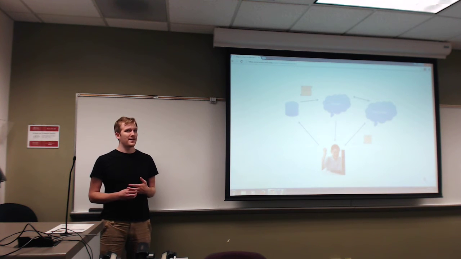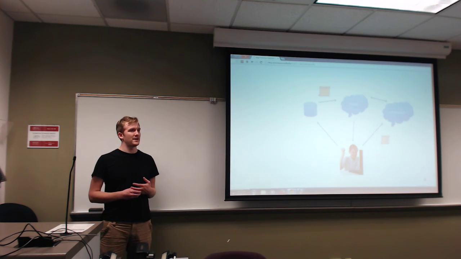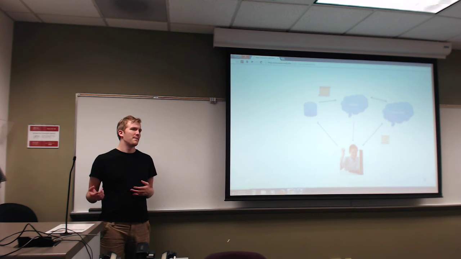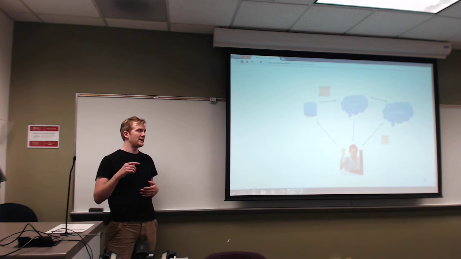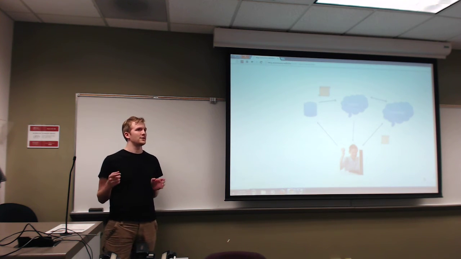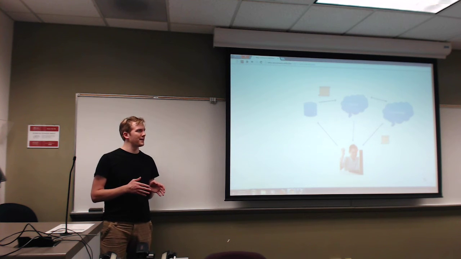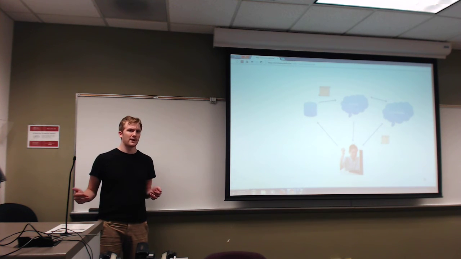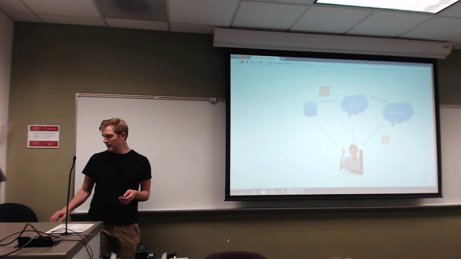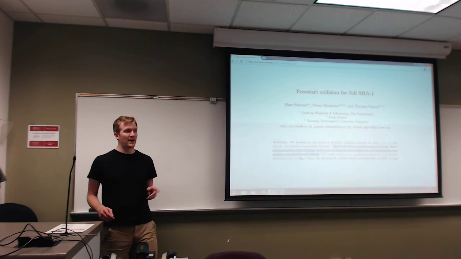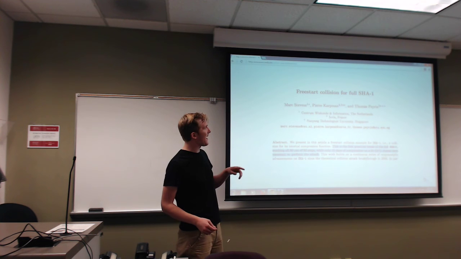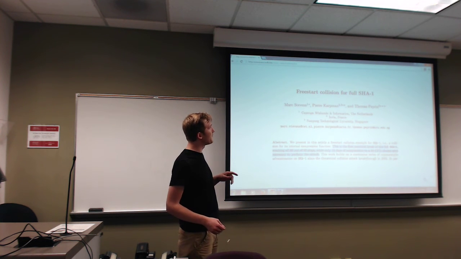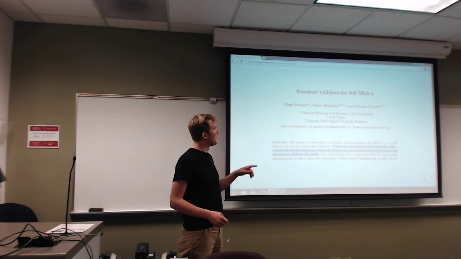You might remember that a few years ago somebody managed to get a SHA-1 collision, using a supercomputer over a couple of weekends. So there was an update to that paper by the same people, and they said, we have provided free-start collisions for SHA-1.